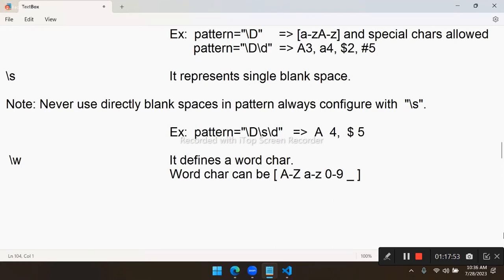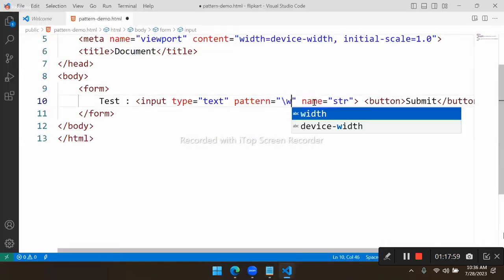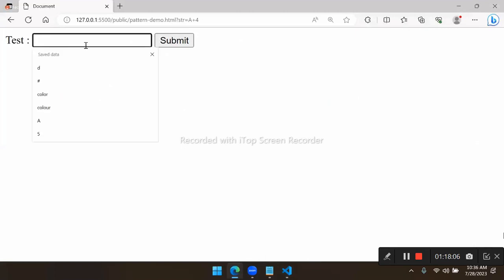Underscore is allowed. So you see now, if I write \w here, that means only one, any of these. I entered an uppercase alphabet, it is allowed. I entered a lowercase alphabet, that is also allowed. I entered a number, that is also allowed.